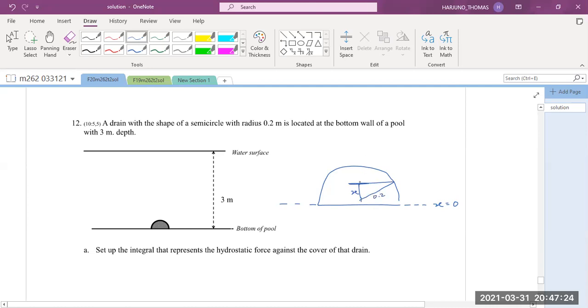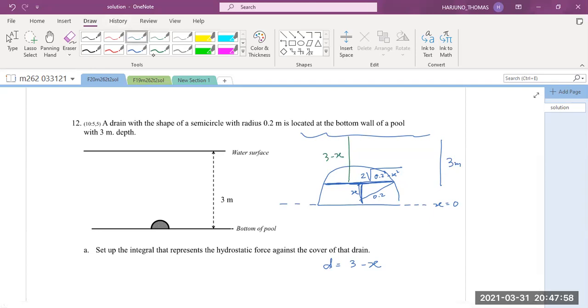So this will be square root of 0.2 squared minus x squared, and then the whole length will be 2 times that. So the depth will be 3 minus x, right? Because from the top of the water, this is 3 meters. If this is x, then this will be 3 minus x.